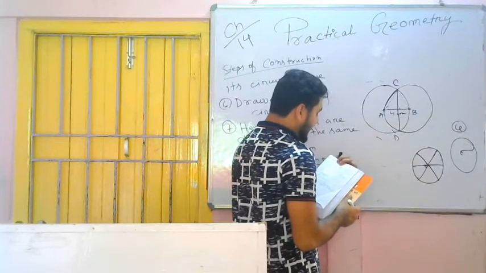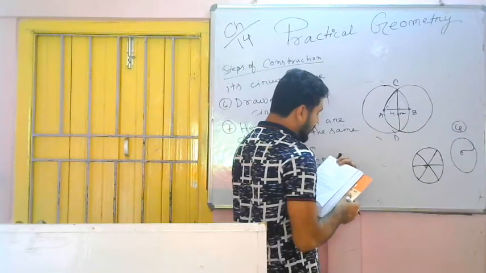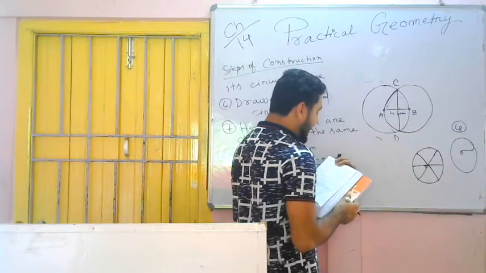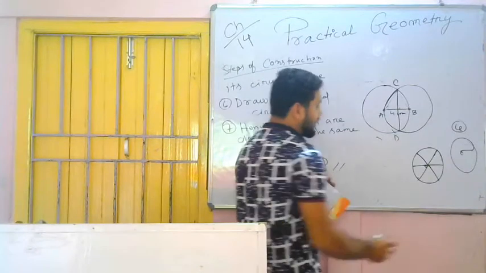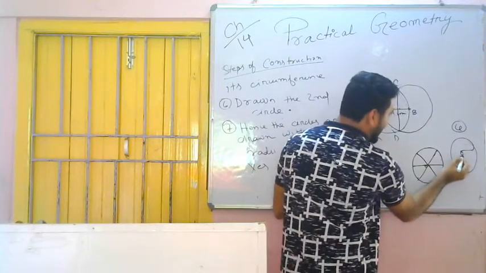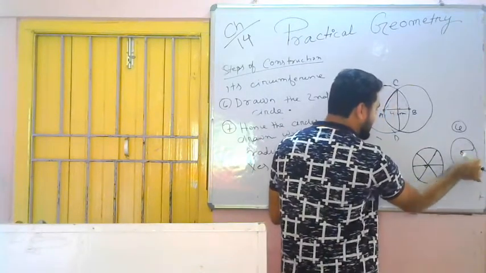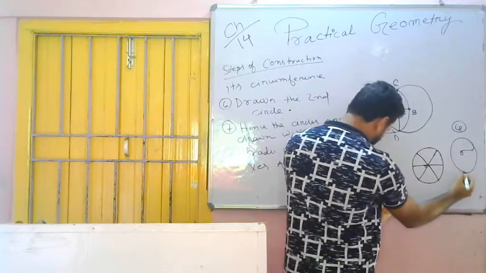Draw a circle with center O and mark any point A on it. That means from A, taking the radius, I have to mark a point like this.